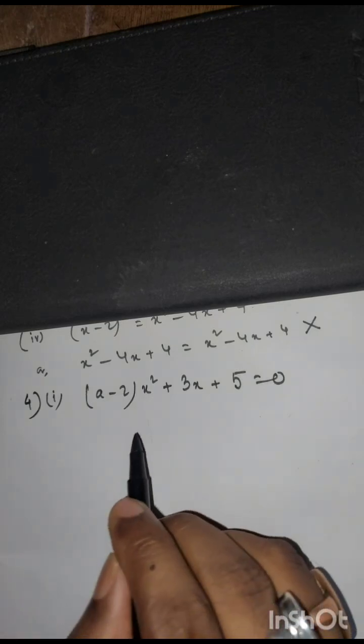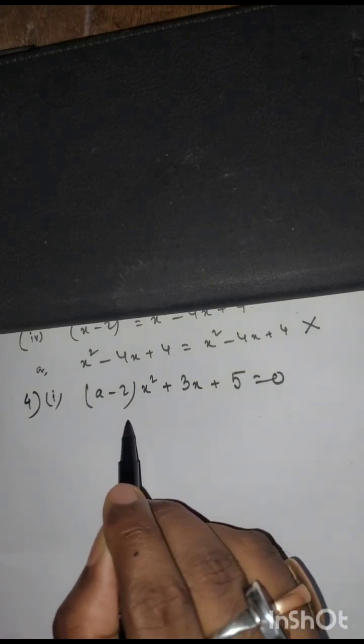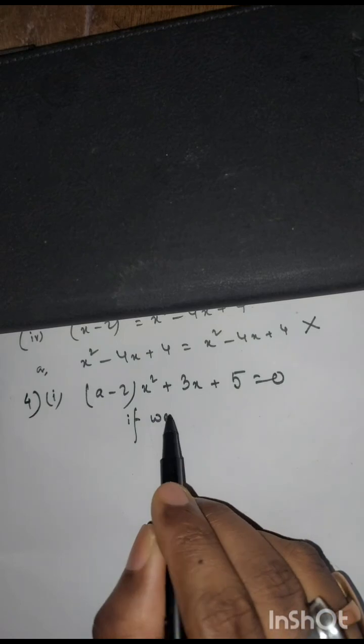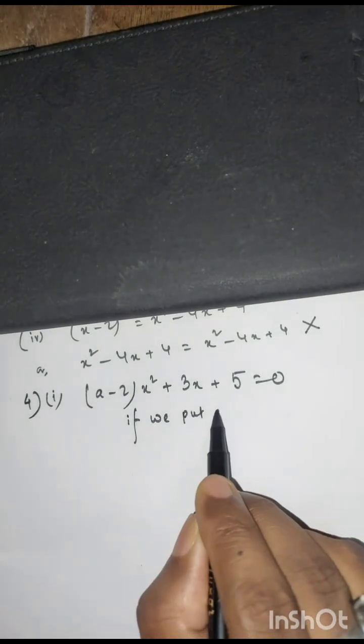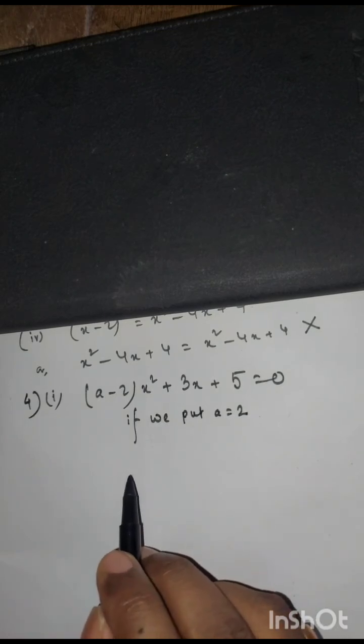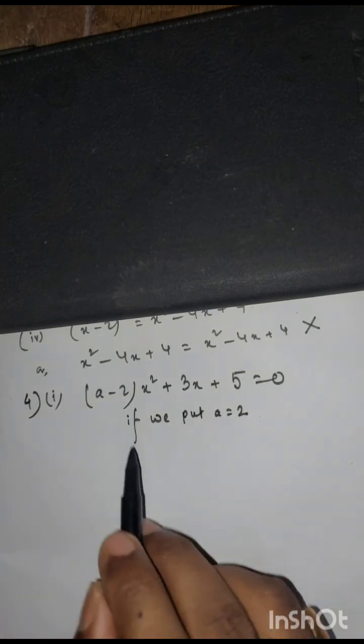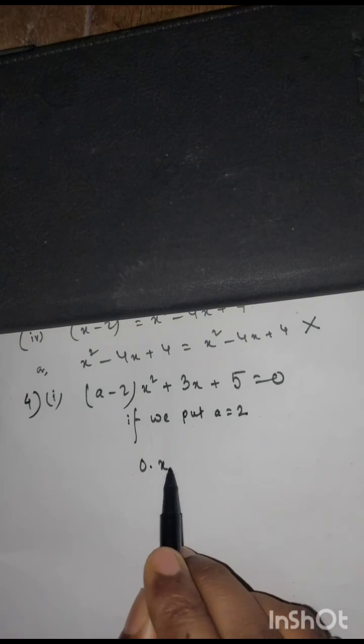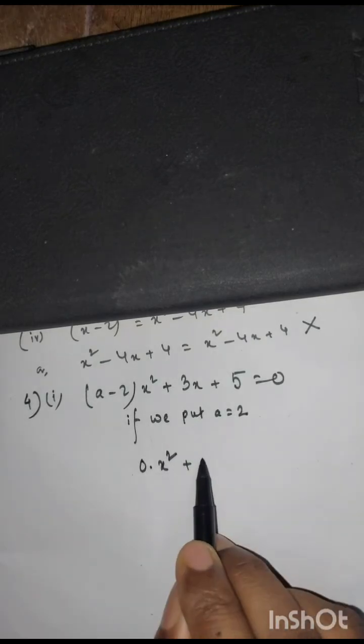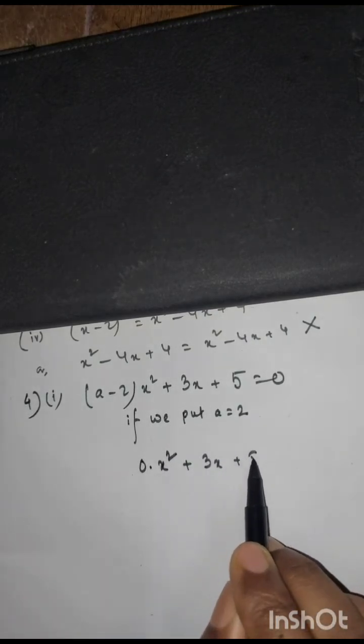Okay, so here we can see, if we put a equal to 2, we get 2 minus 2 0 into x square plus 3 into x plus 5 equal to 0.